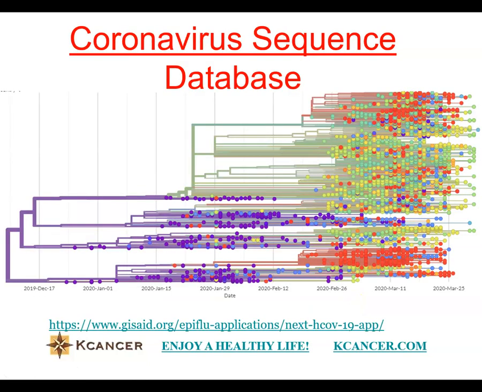This is the data from the coronavirus sequence database, presented on this website. Right now, there are more than 3,000 virus sequences determined. The blue is the virus in China, the yellow and green are the virus in European countries, and the red is the virus in America.